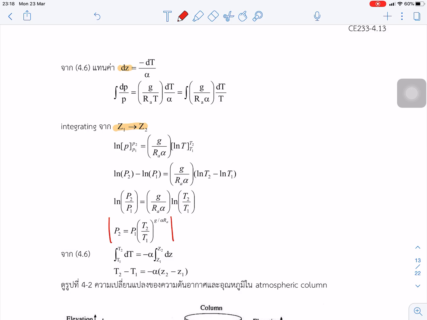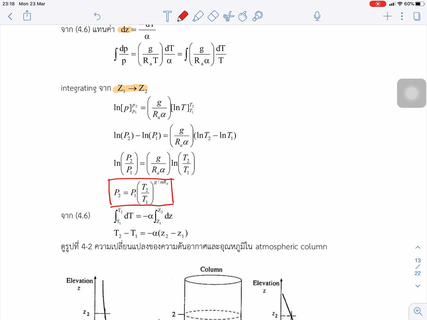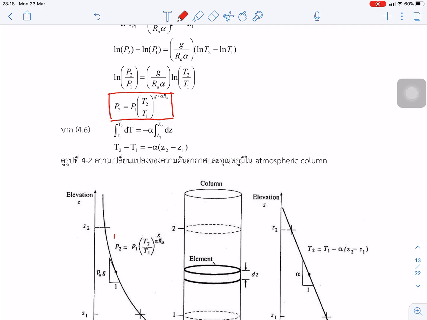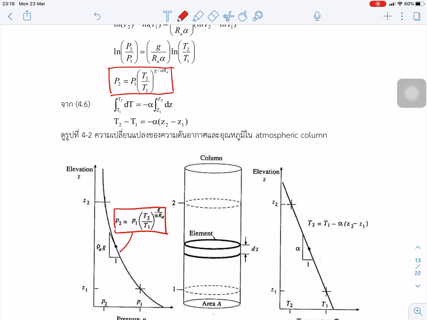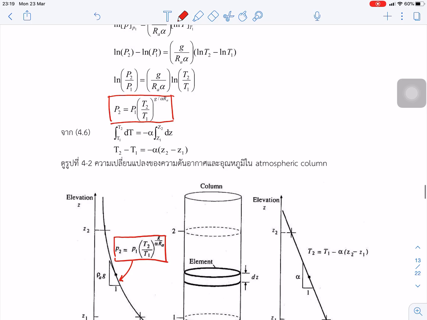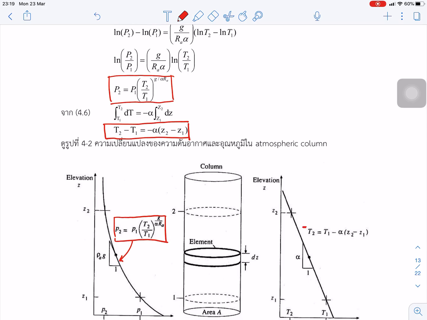P1 is a function of the temperature and the power of g divided by alpha R a. The other equation is similar to this. It is a power function that explains the change of the temperature with the height, with the elevation, and the temperature with the elevation is a linear function.